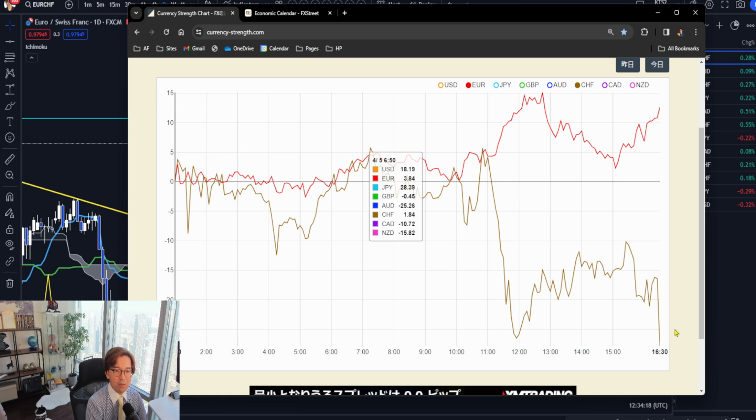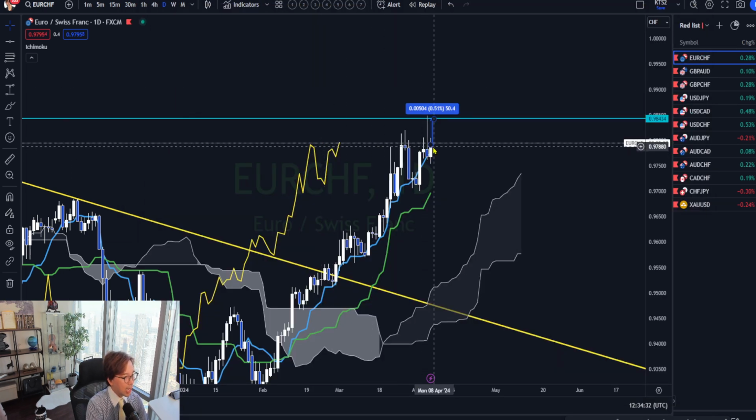So what's going to happen on Euro Swiss franc as a pair? Will it be bullish or bearish? If Euro is bought, Swiss franc is sold, that means Euro Swiss franc is bullish. So it looks like the news has affected the market towards the major direction, but the strength was not enough to break the resistance.